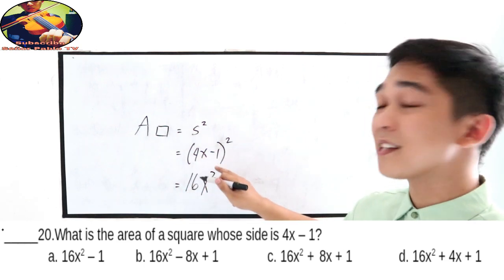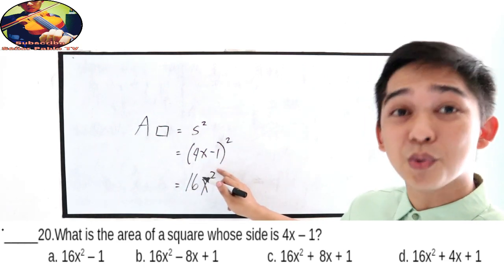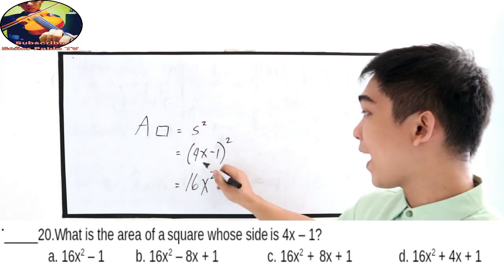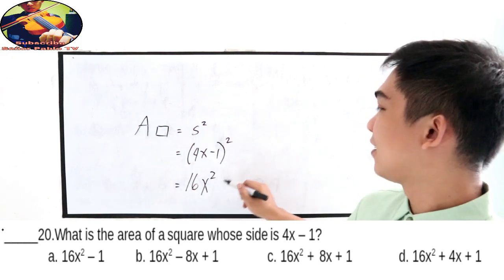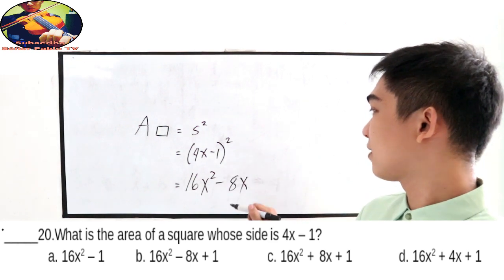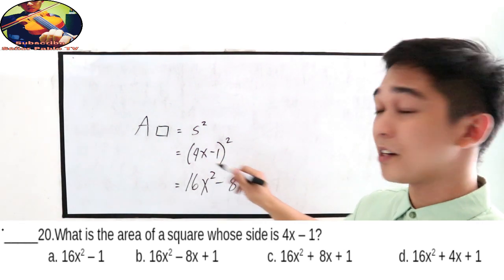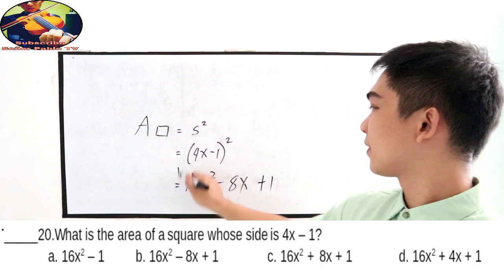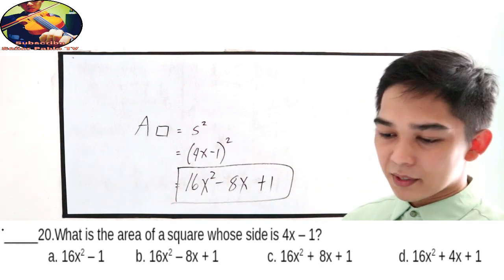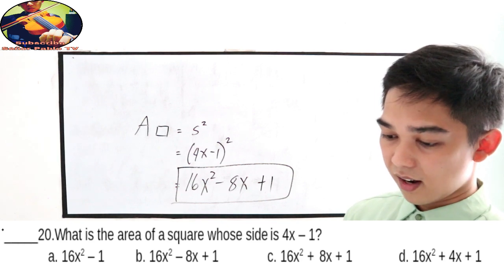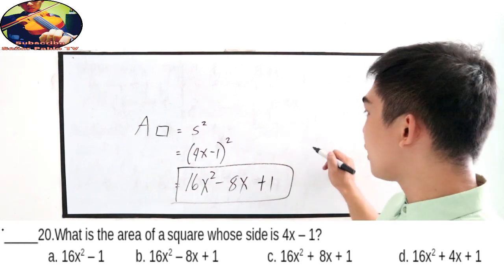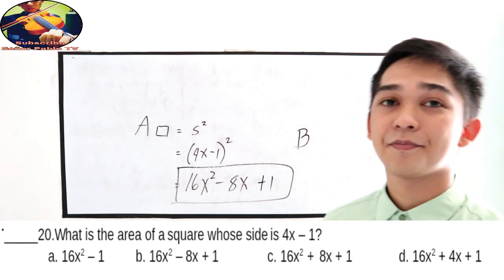Multiply the first term and the second term, times 2. So 4x times negative 1, negative 4x, times 2, negative 8x. Then square the second term, positive 1. So meron pa tayong units? Wala naman. So letter B. Number 20, letter B.